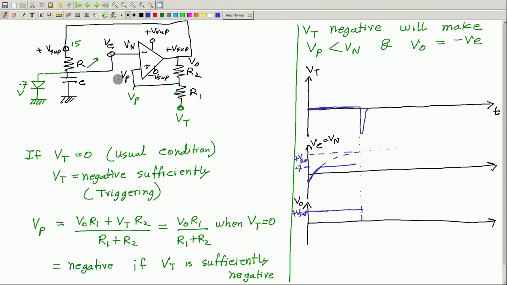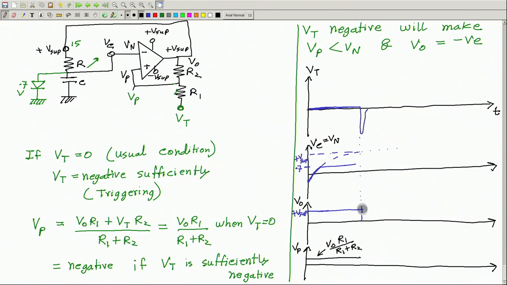Let me also draw V p. So, you see in this part, this V p will be also flat, because here V p is same as this output multiplied by this potential divider fraction. So, this is V o multiplied by R1 divided by R1 plus R2, because V t is 0. So, V t is 0 means only V o will decide this voltage.